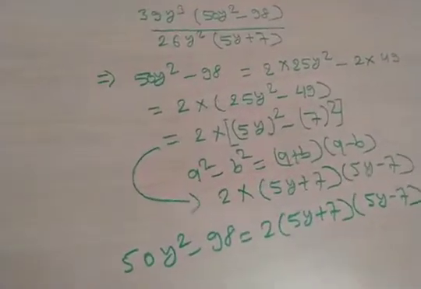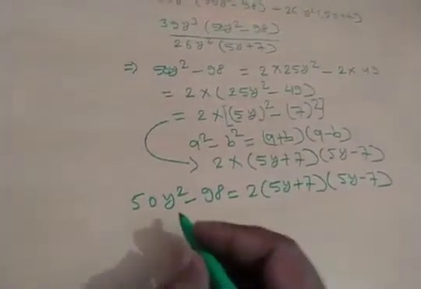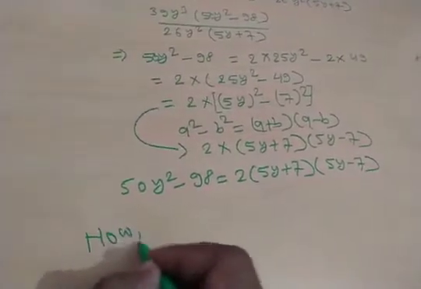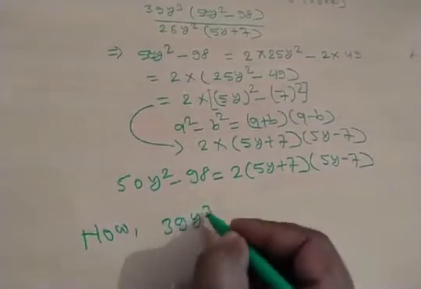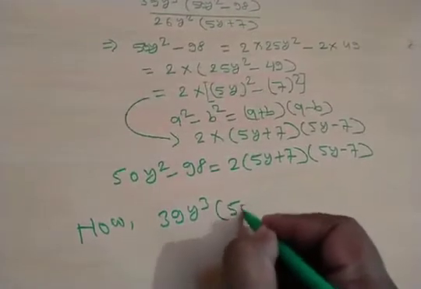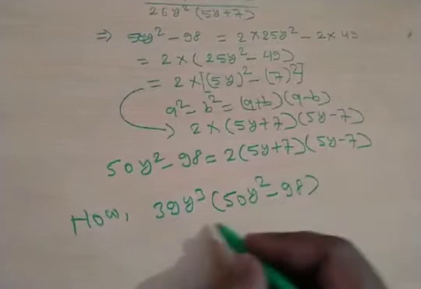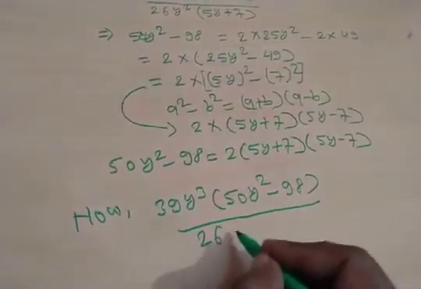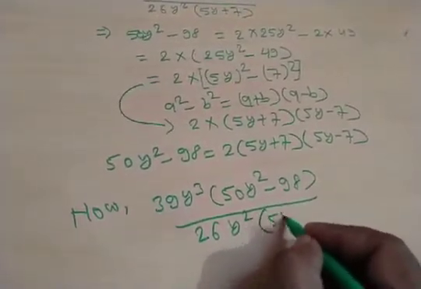So now our question is 39y power 3 into 50y square minus 98 divided by 26y square into 5y plus 7.